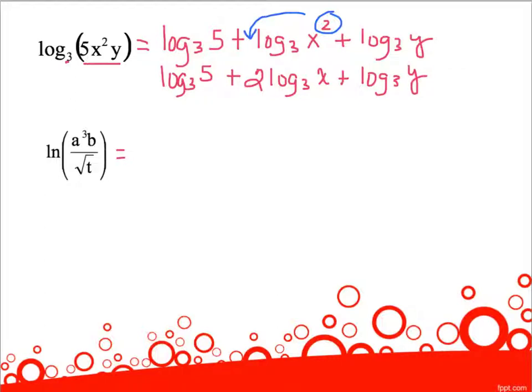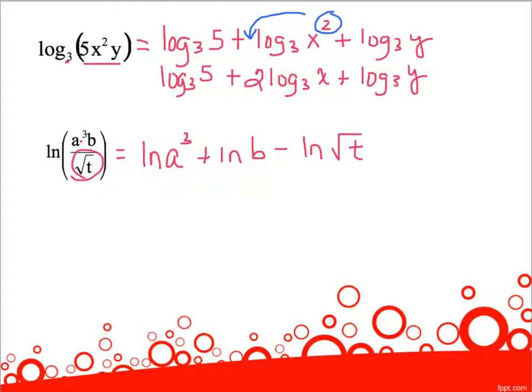Last one where we're going to expand. We have a natural log, and this actually has all three properties involved in it. Notice that I have a multiplication in the top, and then I have division. So this rewrites as the natural log of a cubed plus the natural log of b, that takes care of the multiplication on the top, minus the natural log of the square root of t, because we have division, so we subtract the denominator.